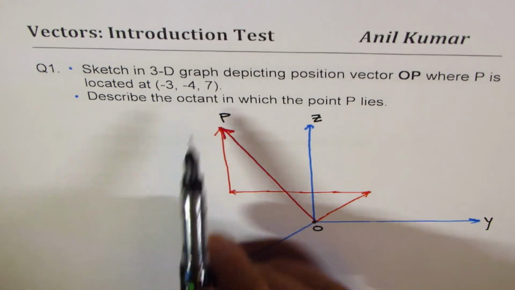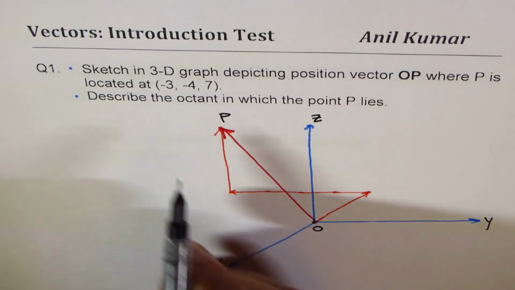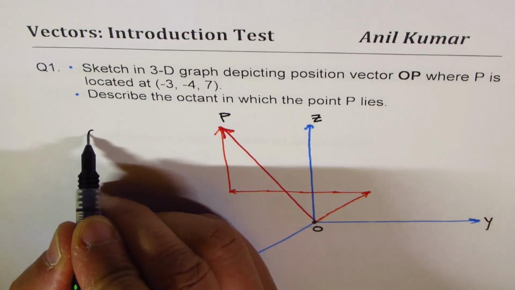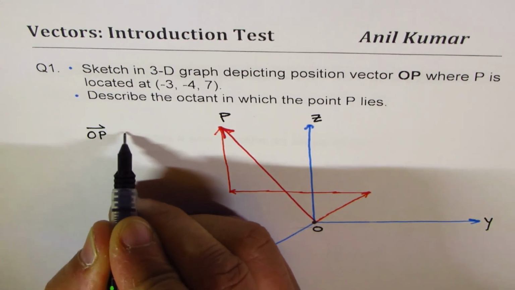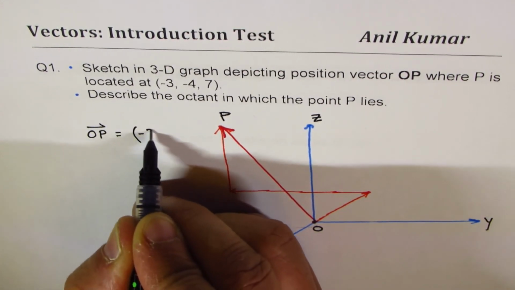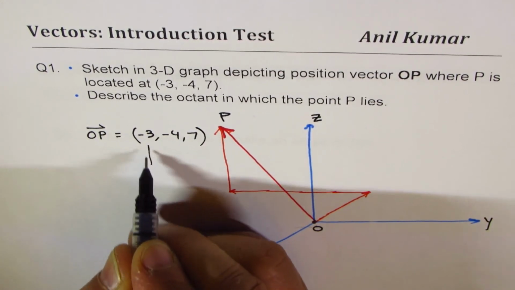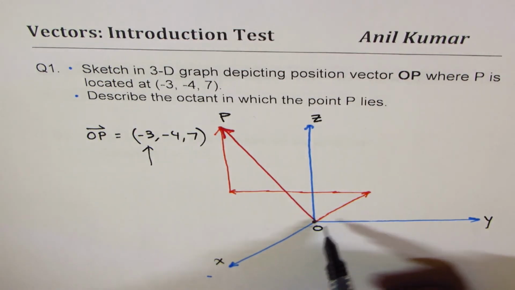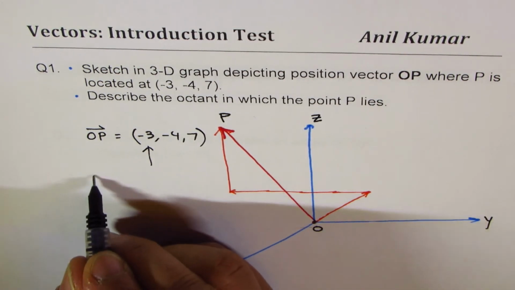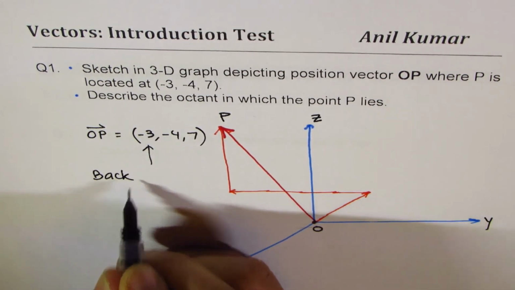Now when we describe the octant, so that is the first part. Now let's talk about octant. So OP we are seeing is a vector which is -3, -4, and 7. Now this minus means what? It has gone on the back side. Is it okay? So this is on the back side.